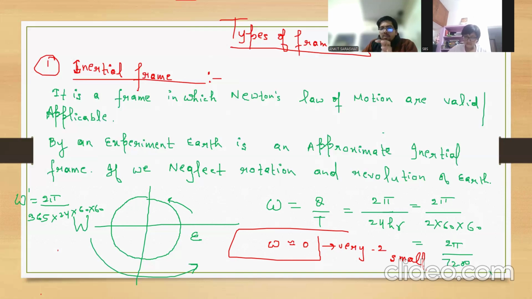So this is the definition of inertial and non-inertial frame. Always we say a frame is non-inertial with respect to an inertial frame. Because in an inertial frame, whatever you say is correct. Newton's law is valid in an inertial frame. Understood? Any doubt? No doubt, sir.